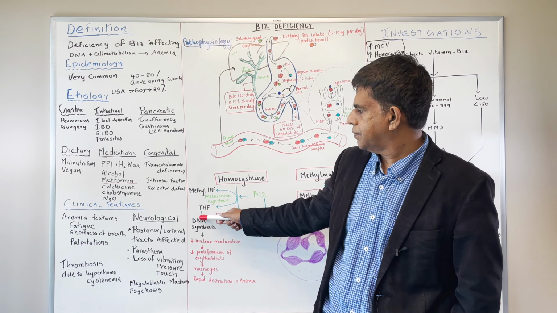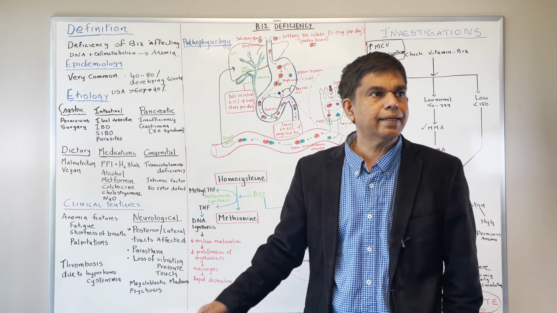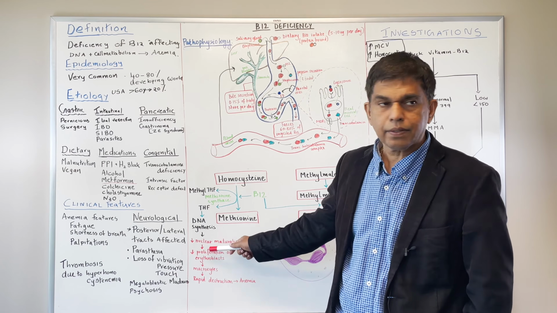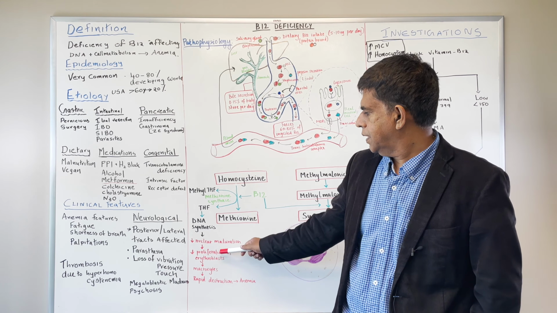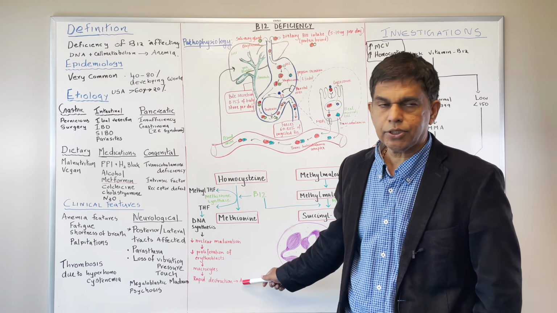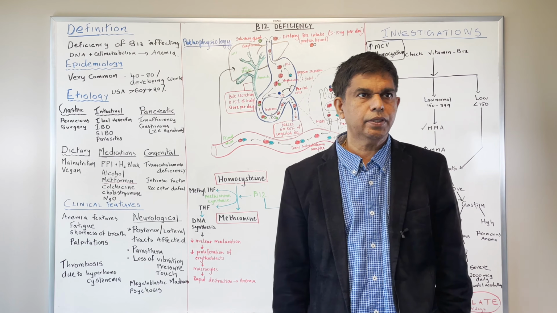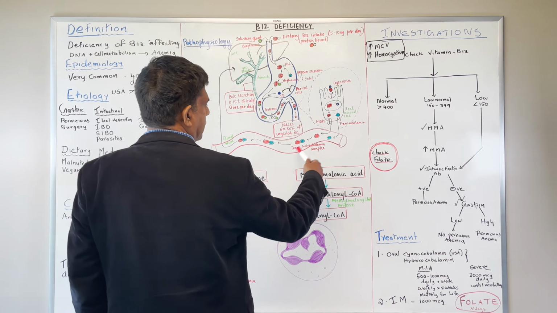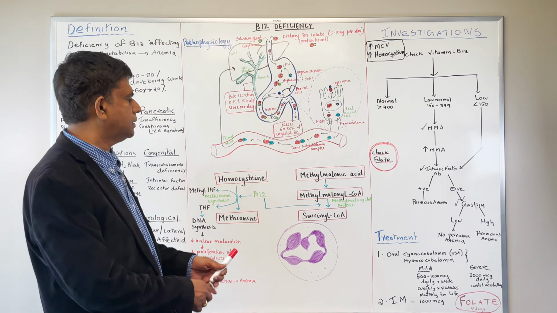And this tetrahydrofolate is the one used in DNA synthesis. If this doesn't happen, decreased nuclear maturation, decreased proliferation, macrocytosis, and rapid destruction anemia can follow. Okay, so we need to know that. This is the Krebs cycle part, and the other one is the DNA part.